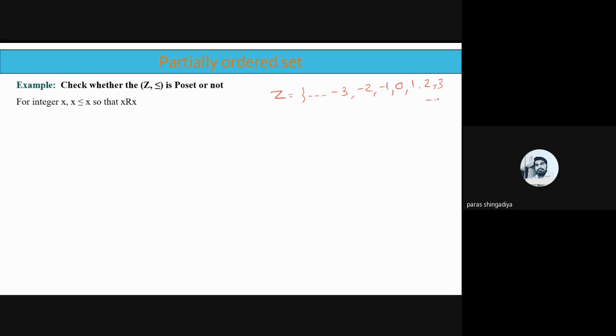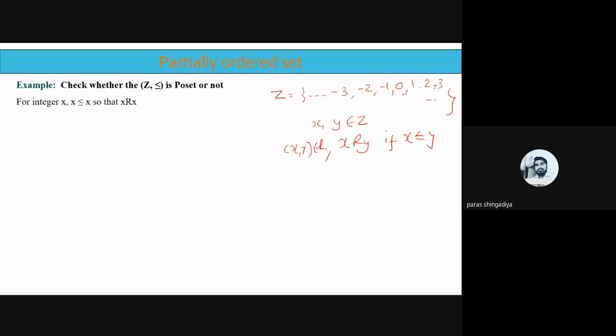So these numbers are included in Z, and the relation is less than or equal to, meaning for x, y belonging to Z, (x, y) belongs to R if x is less than or equal to y.